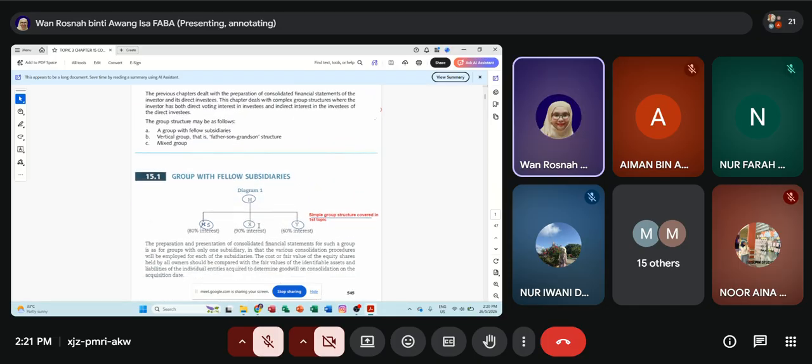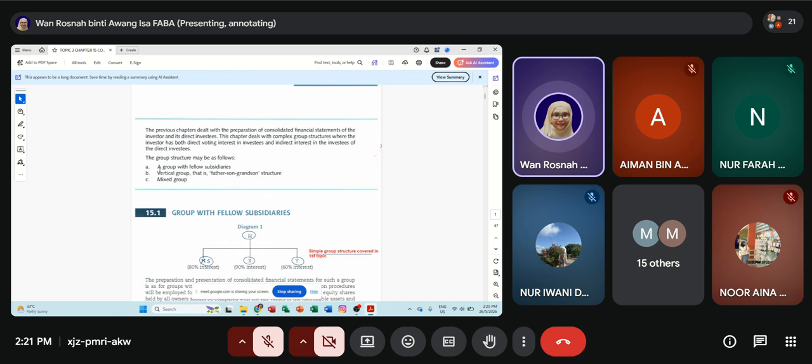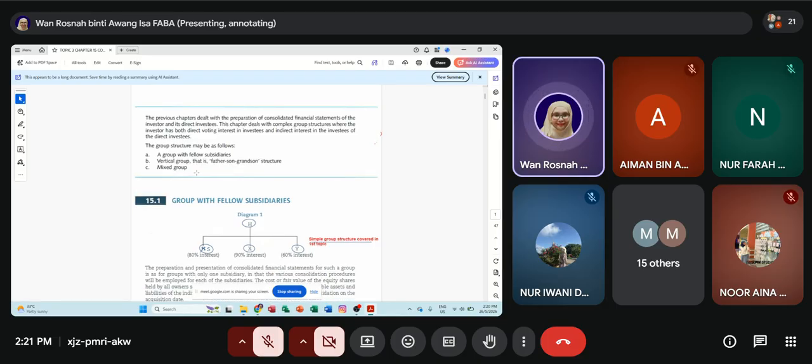Then we move to another type of group structure, which is vertical group. We call it father son grandson structure. Then we have another one, which is mixed group.